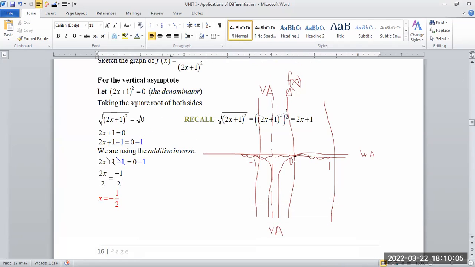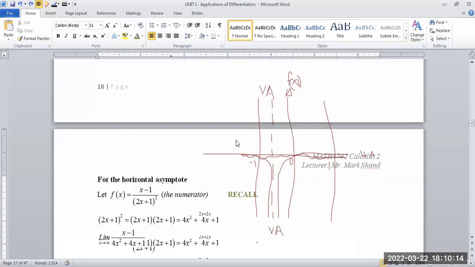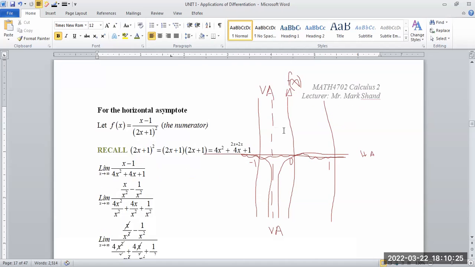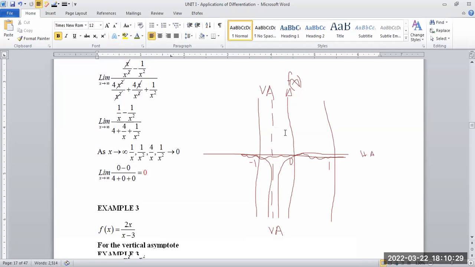Up to that point? Shall I erase here? Yes, sir. I just wanted to see one of it before the example. Okay, all right.